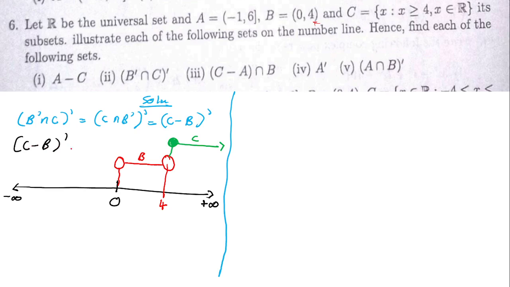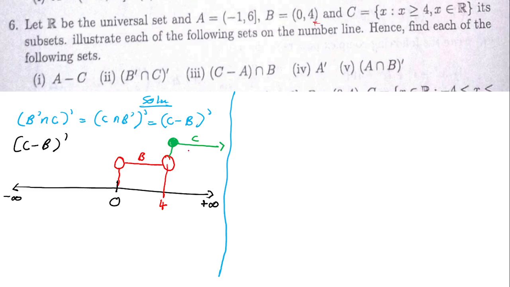So if you look at this set, when you are removing set B from set C, you are not going to remove anything, due to the fact that 4 is not in B, but it is in C. So when you are removing the members of B, you are not going with 4.